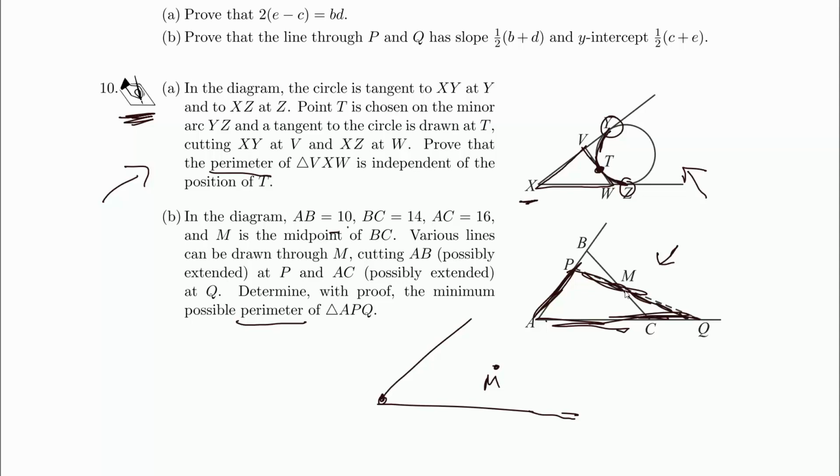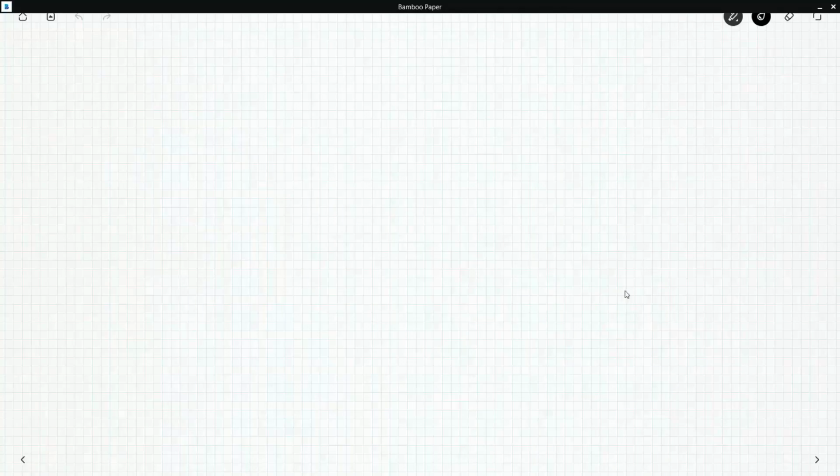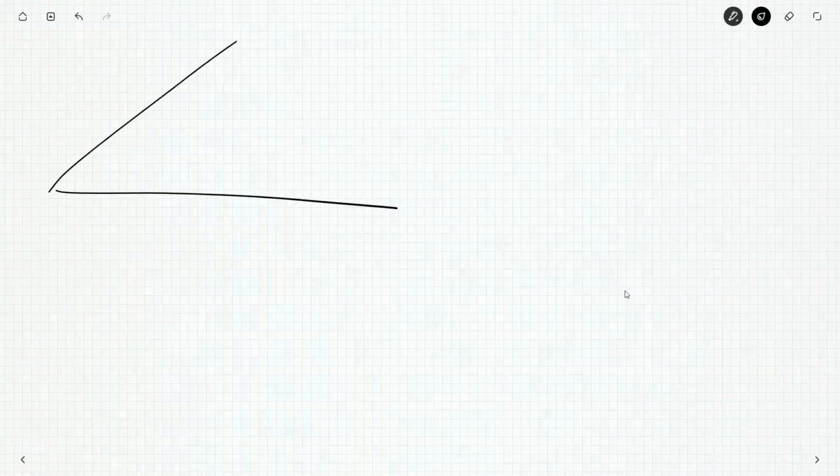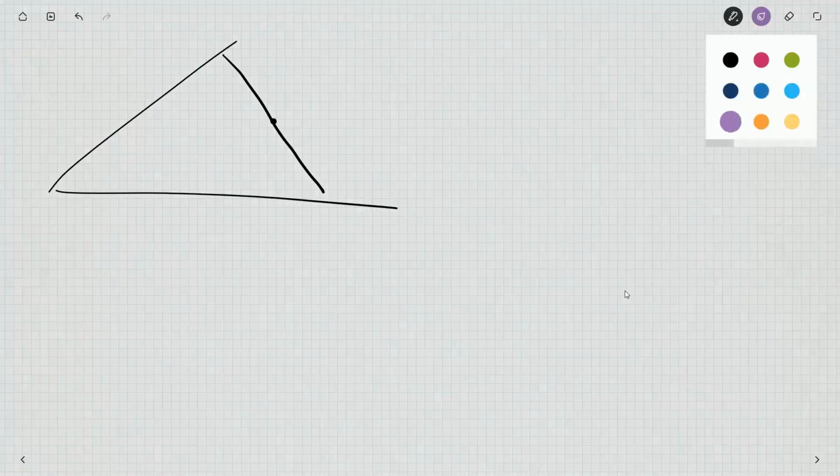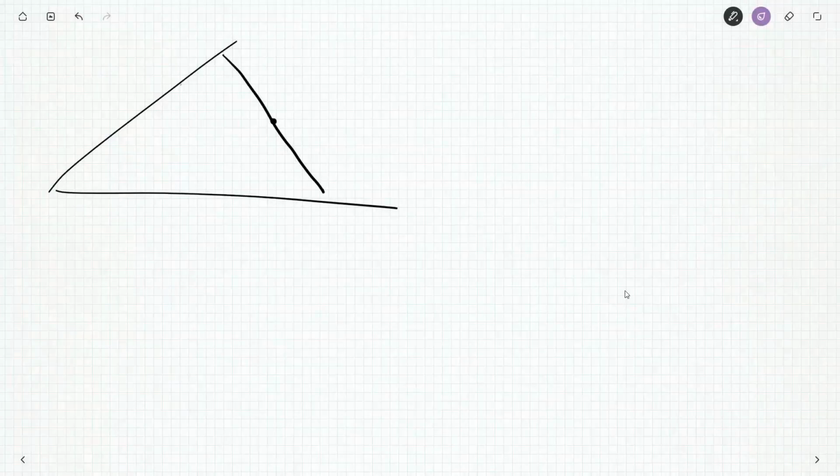There's lots of different PQ values. We could draw a couple. Now, just as experimentation, we always have the same A, B, C, and M. It's just, we have lots of different PQs. And there comes a point, I think, like a P down here wouldn't work, because it would go through here.